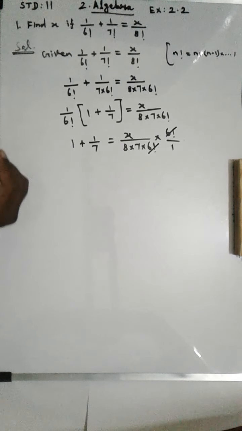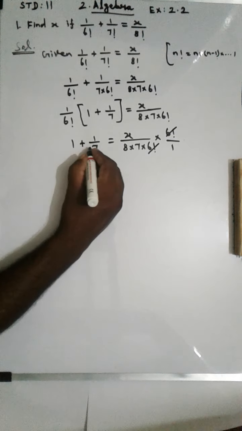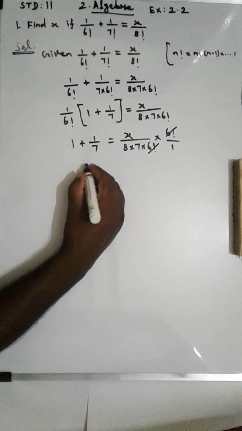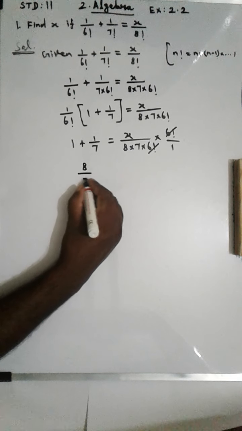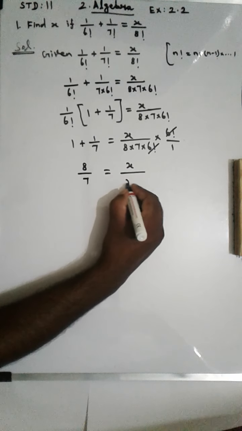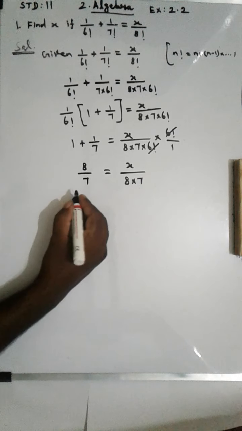6 factorial cancel. 1 7s are 7, 7 plus 1 is 8. 8 divided by 7 equals x divided by 8 into 7.